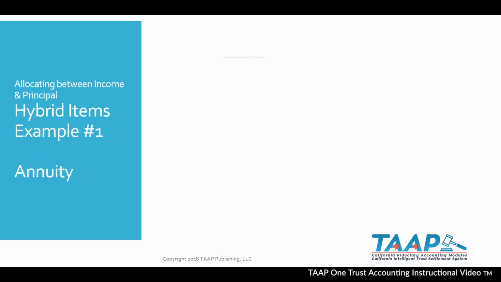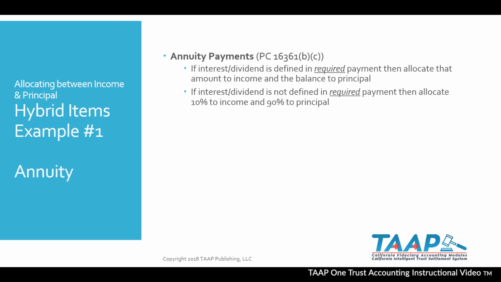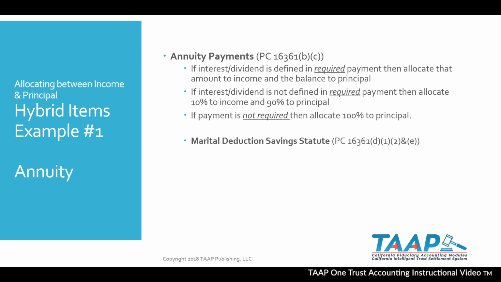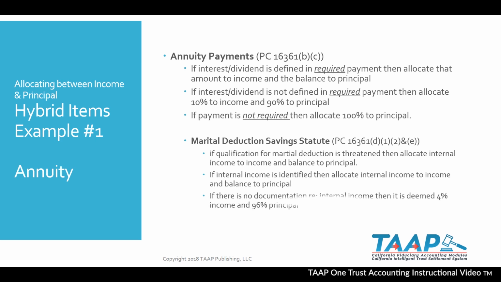If you're dealing with annuity payments, there are a bunch of different rules involved here. Depending on what it says on the statement, if there is interest or dividend defined as a required payment, that goes to income, the balance to principal. Lots of times you're not going to have that type of information in the statement, and the default is 10% to income, 90% to principal.